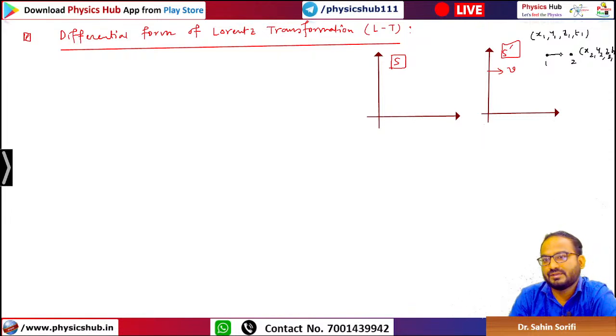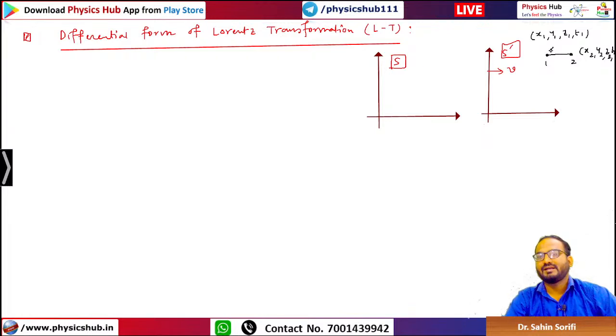Now the difference between them: if you take the difference in coordinates, x2 minus x1, y2 minus y1, z2 minus z1, t2 minus t1, this difference is in the S frame. In the S prime frame, the same difference will be x2 prime minus x1 prime, y2 prime minus y1 prime, z2 prime minus z1 prime, t2 prime minus t1 prime.